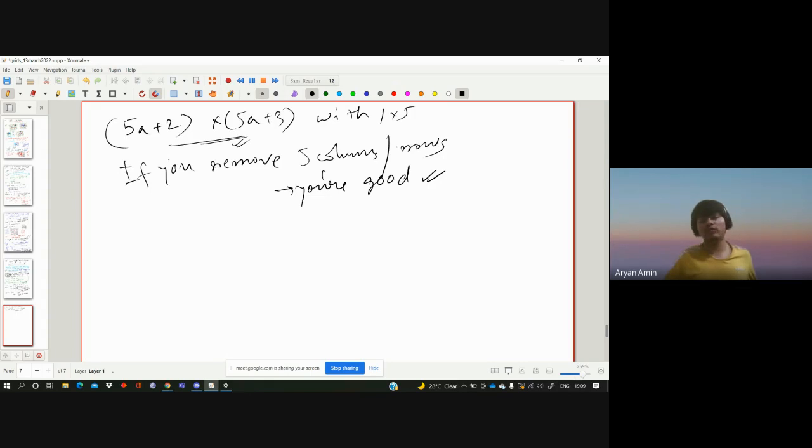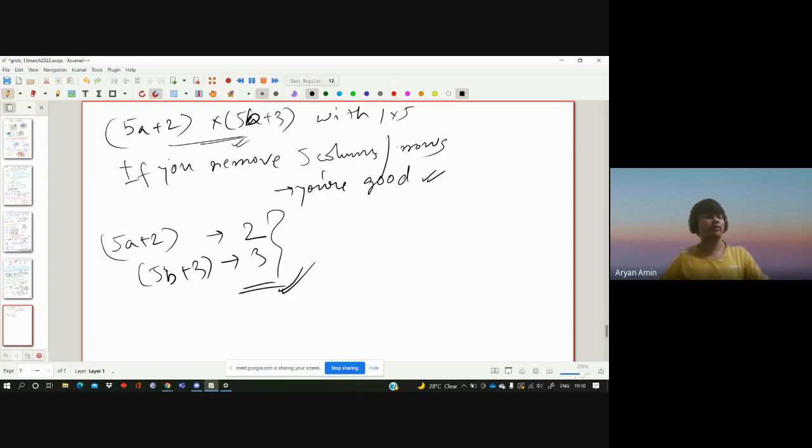So you can reduce 5a plus 2 to 2, and 5b plus 3 to 3. So you are taking the number of rows modulo k and the number of columns modulo k.